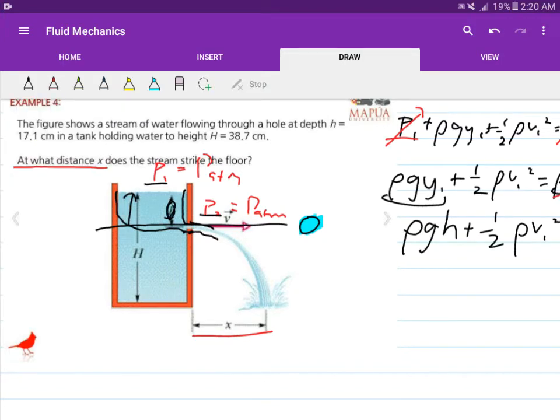H. So now let's look at the 1/2 rho v terms. So here we have v1, the velocity of the fluid in this region, and here we have v2, the velocity outside the hole.